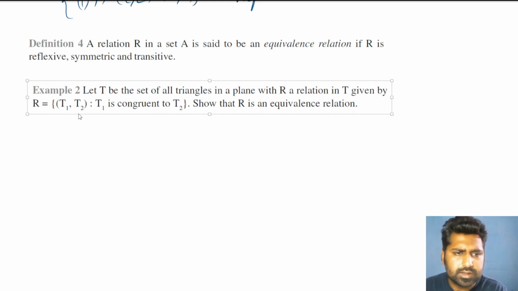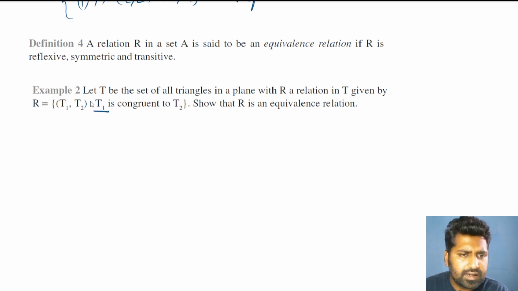(T1, T2) is an element of this relation defined by, such that, T1 is congruent to T2. It says show that it's an equivalence relation, so you have to find whether it is equivalence or not, but right now the question is giving you the idea that it is reflexive, symmetric as well as transitive.